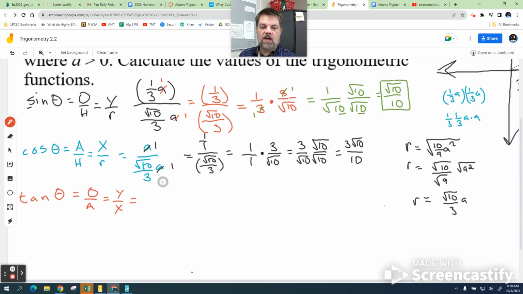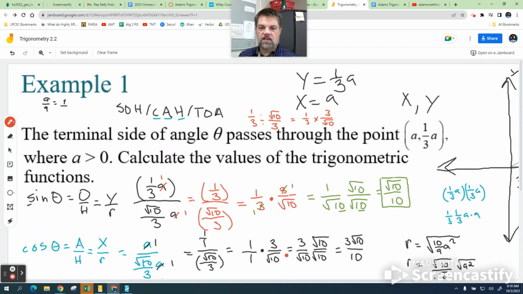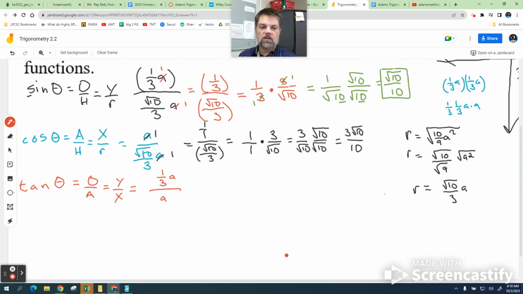So my y value is 1/3 a all over a, right? Am I getting that right? 1/3 a all over a. So again, a divided by a is just 1. 1/3 divided by 1, this is just 1/3. Well, that was pretty easy. Whew. Right?